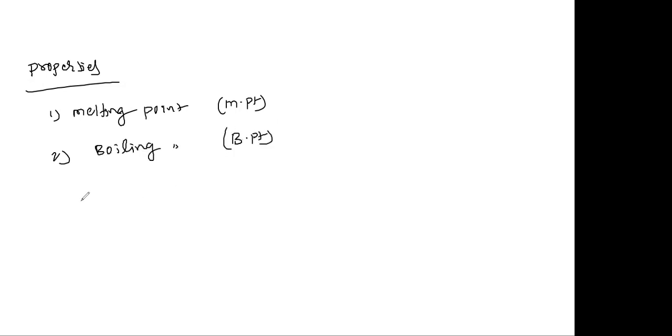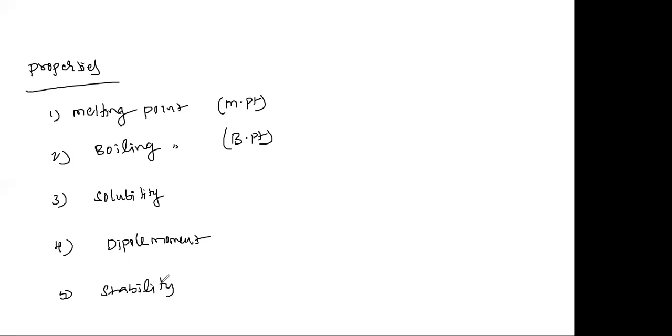Don't write down BP, write it fully. Third is solubility, which means we have to check which is easily soluble. Then fourth one, dipole moment. Then fifth one, stability, which is most stable, which we have to discuss. Okay, guys. Write down properties of geometrical isomerism.